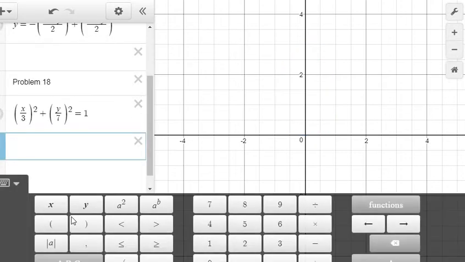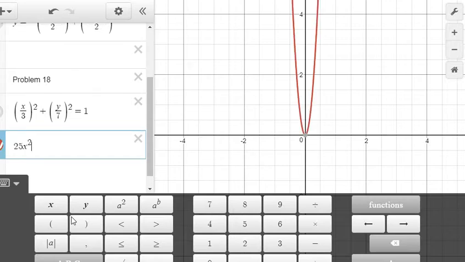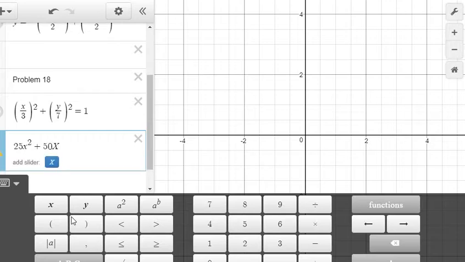And we'll start out with, the cool thing about Desmos is that you don't have to have everything solved for. So 25x squared, then plus 50x, plus 9y squared, minus 36y.